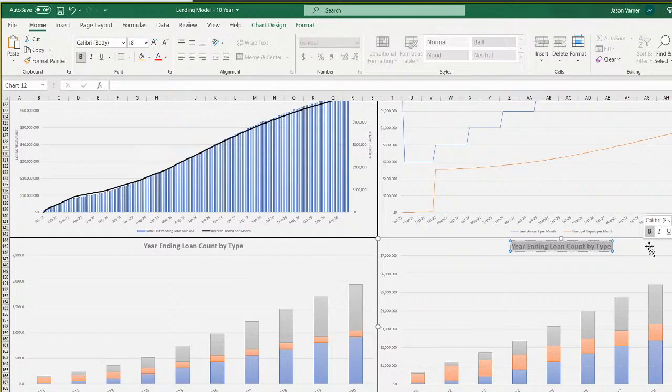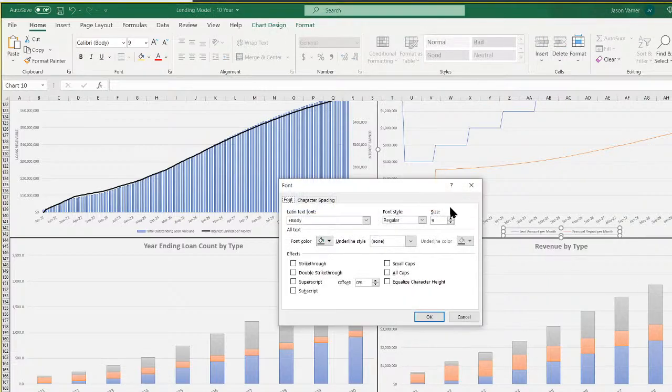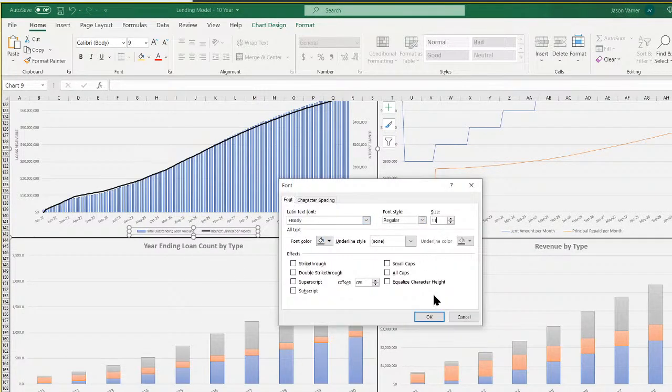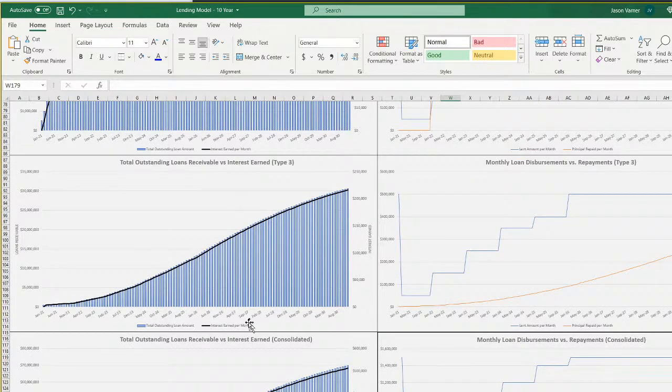Okay. Kind of need to make all these fonts a little bit bigger. Eleven.